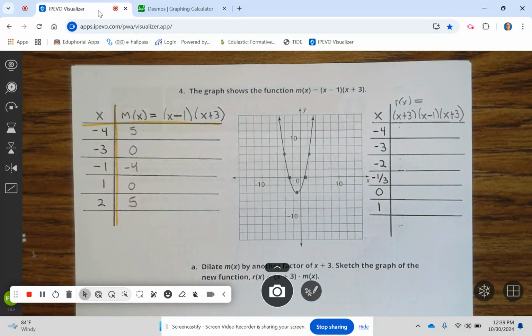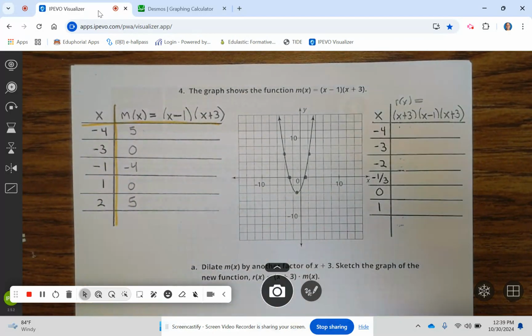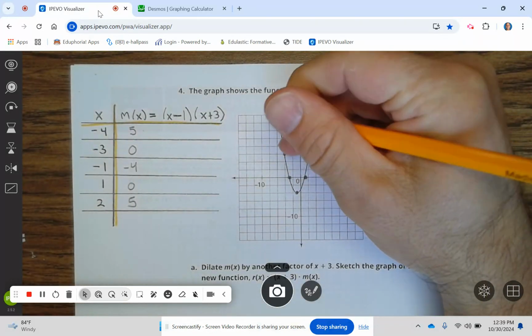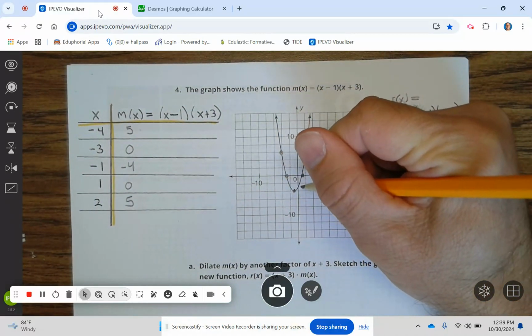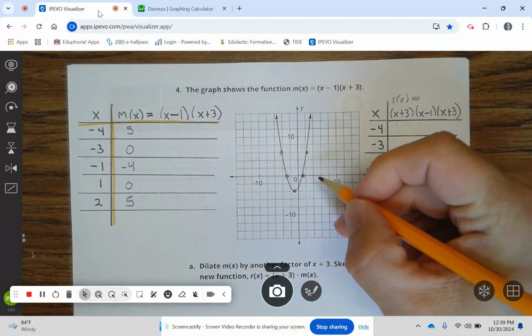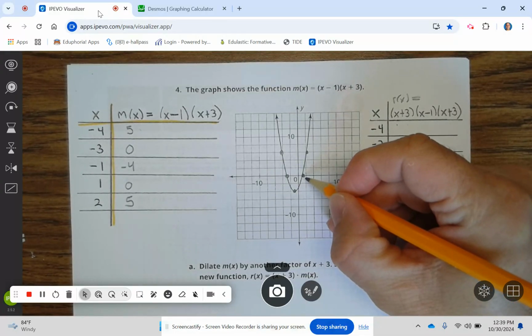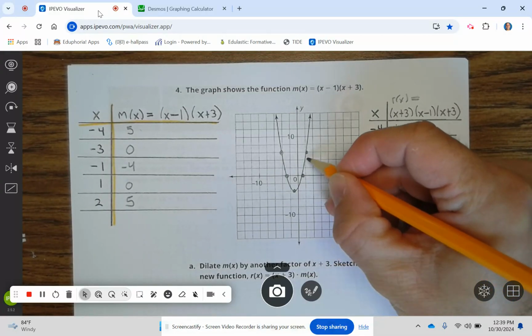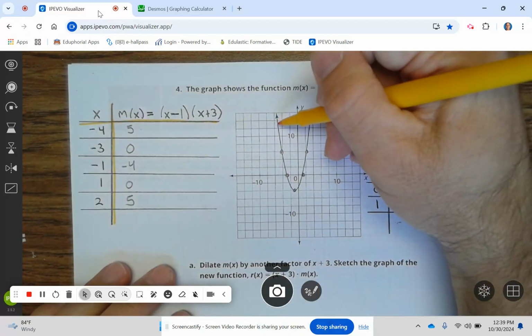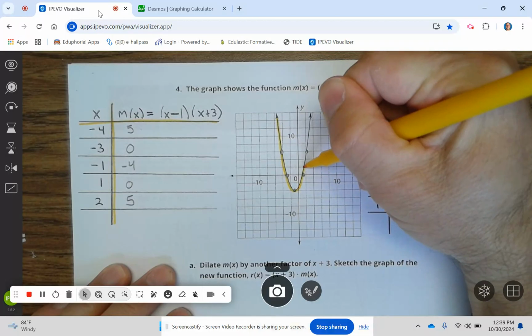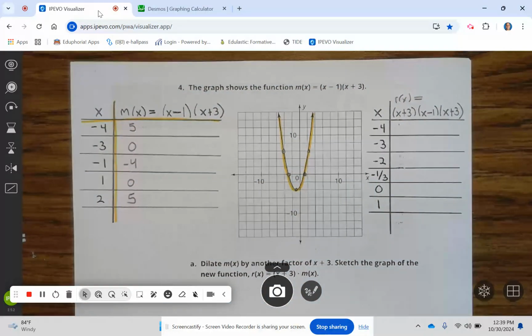And let's go ahead and graph those points. So, -2, -4, 5, -3, 0, -1, -4, 1, 0, 2, 5. So this is the corresponding graph. All right, go ahead and finish up the table and graph.